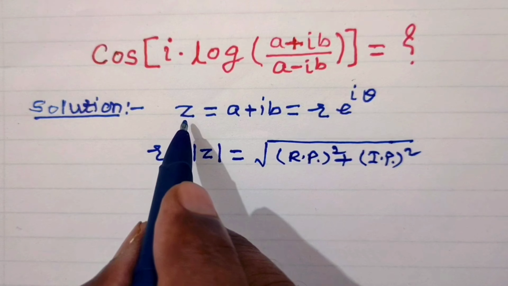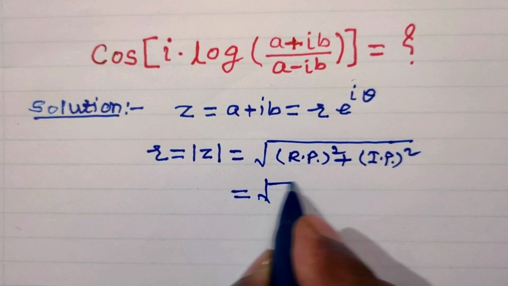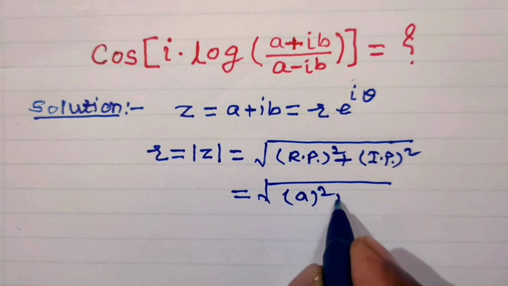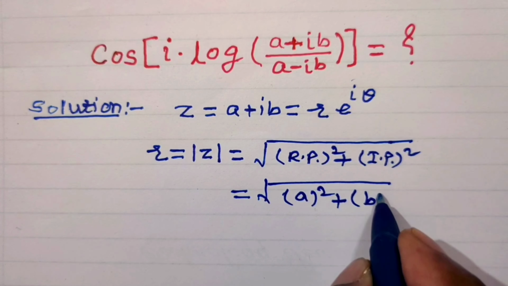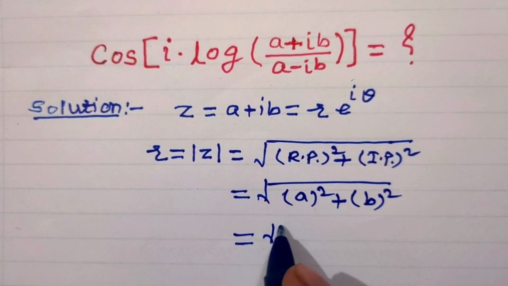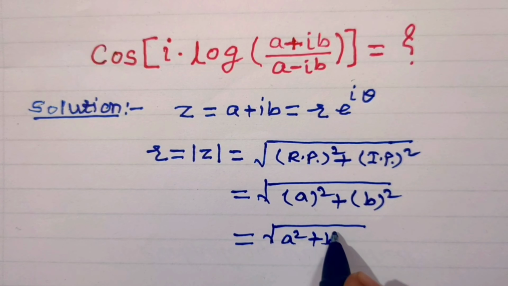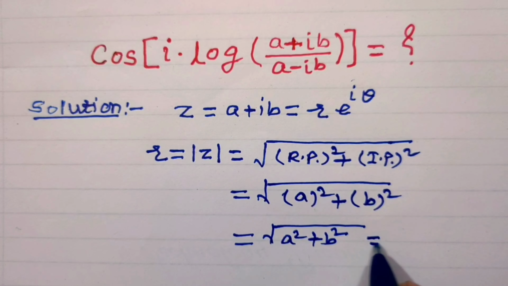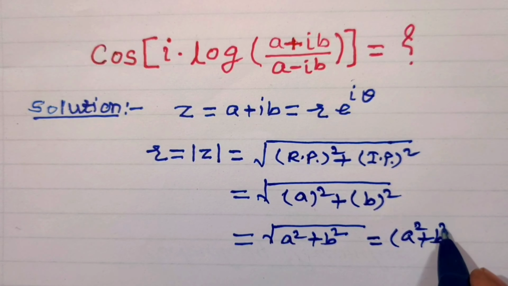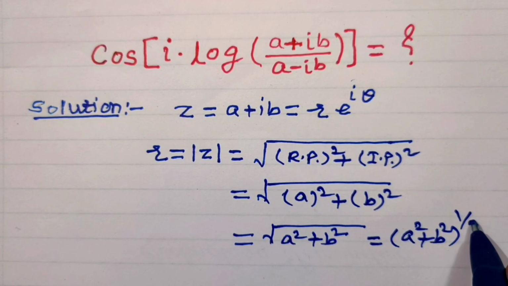Put here: this is equal to the square root of a square plus b square. We can write this as a square plus b square to the power 1 upon 2, since square root means 1 upon 2th power.